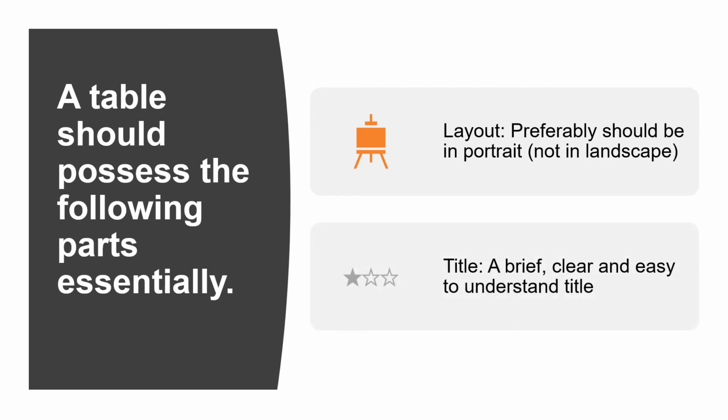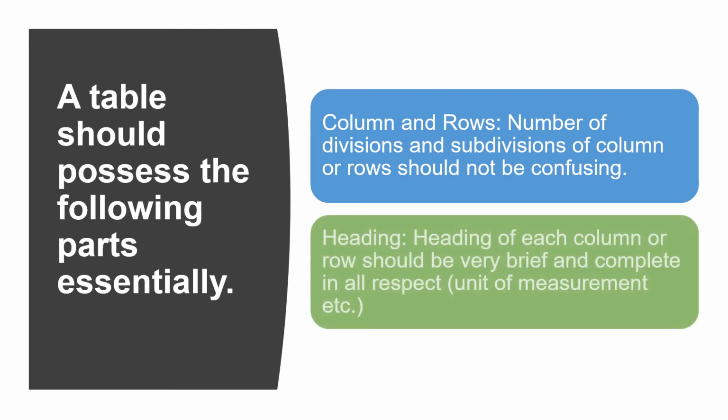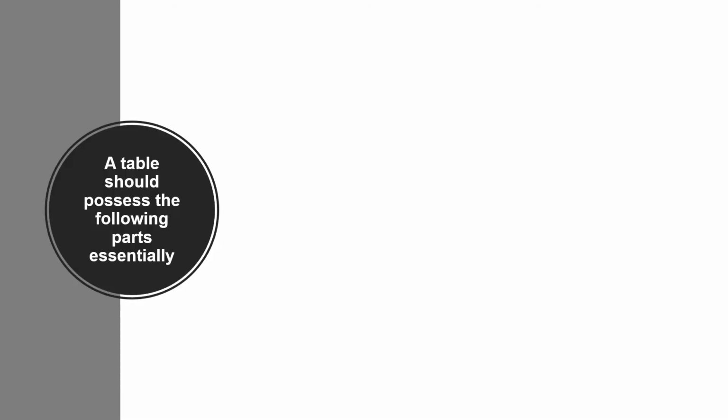Columns and rows: the number of divisions and subdivisions of columns or rows should not be confusing. Heading: the heading of each column or row should be very brief and complete in all respects, for example, the unit of measurement.